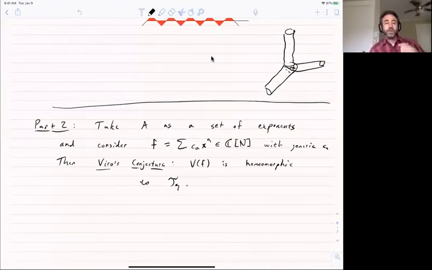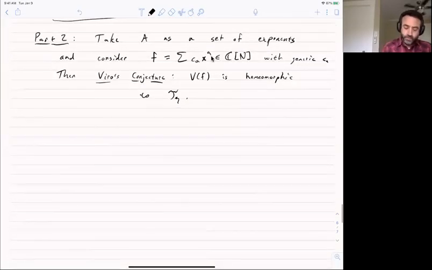Eta is not so important in that statement. So what are the ingredients to proving this?